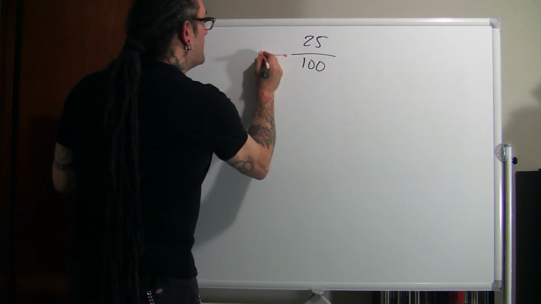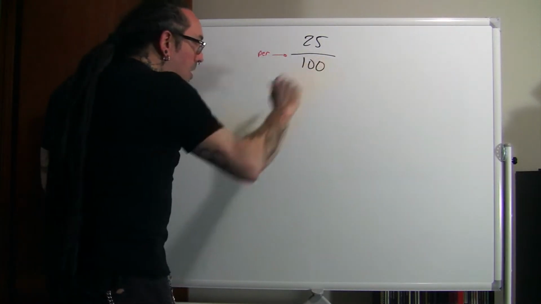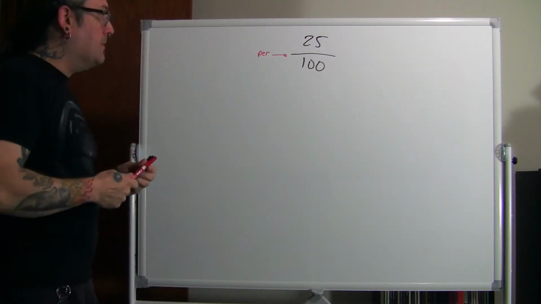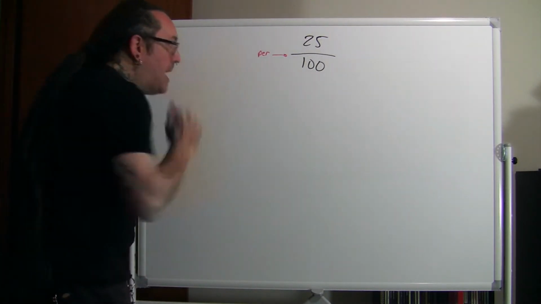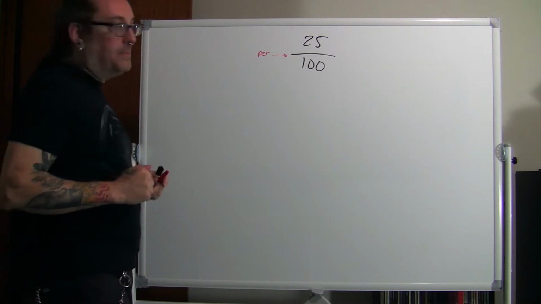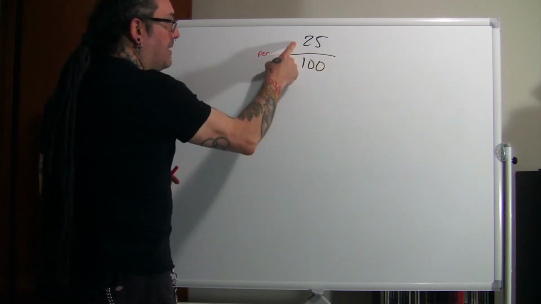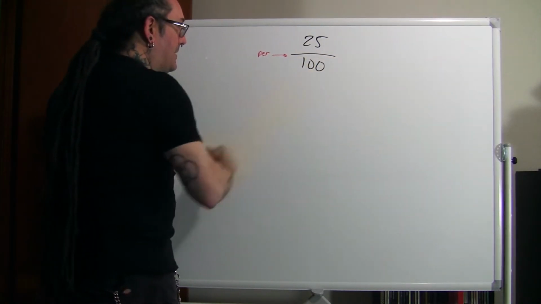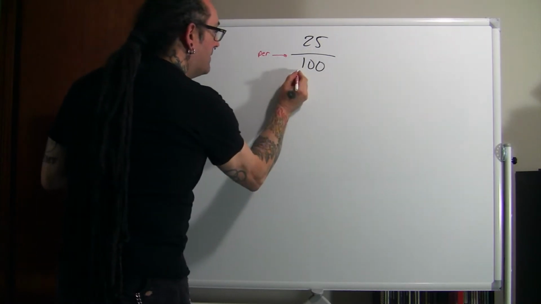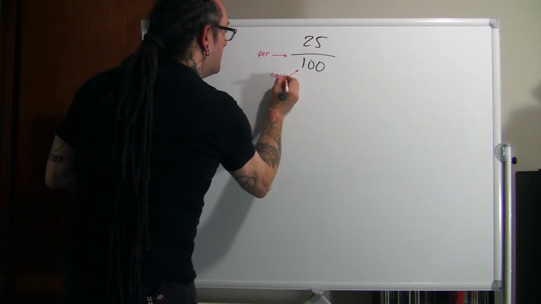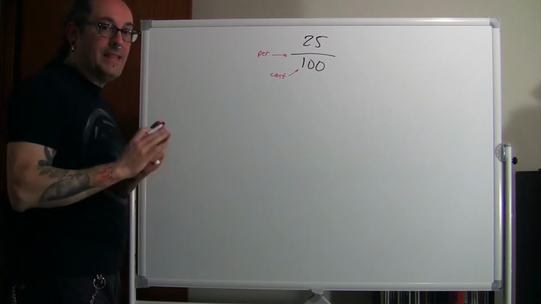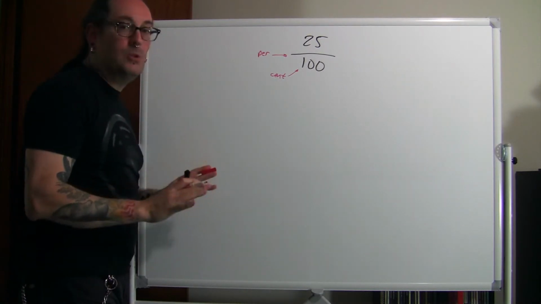Per is drawing the horizontal line, like 25 miles per hour. But here, 25%, and cent is 100. That's all. That's absolutely all.